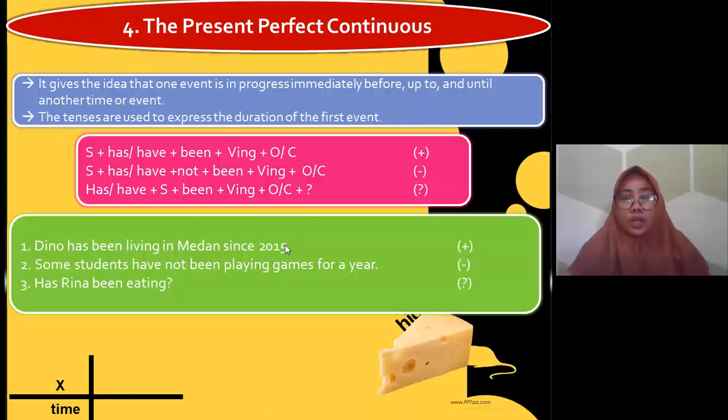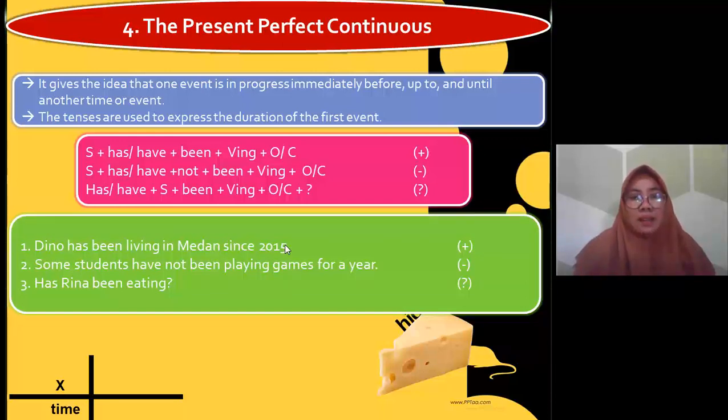That's the point. Okay. Some students have not been playing games for a year. Beberapa murid ya tidak telah sedang bermain game selama setahun. Berarti udah dari setahun yang lalu sampai sekarang itu murid-murid itu nggak sedang main game. That's the translation. And has Rina been eating?